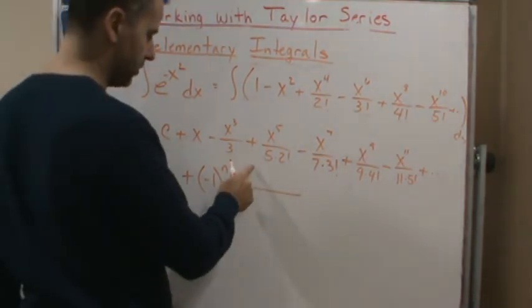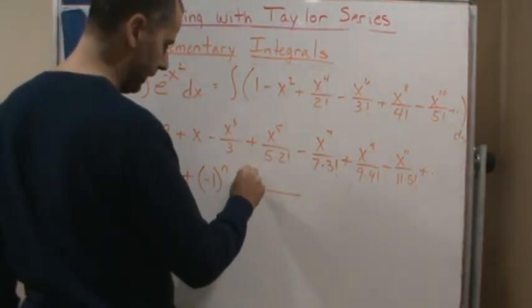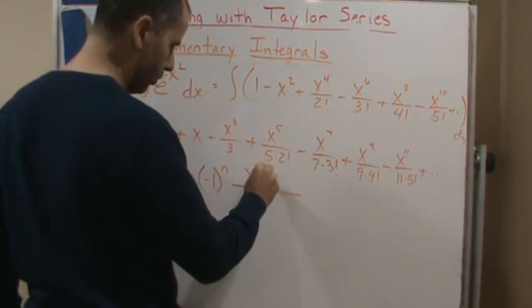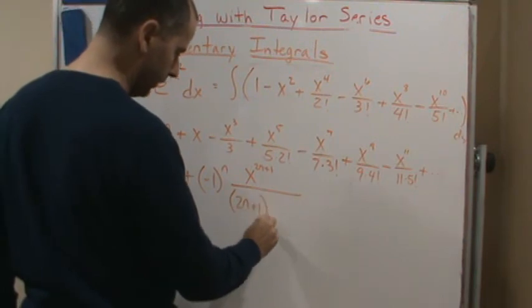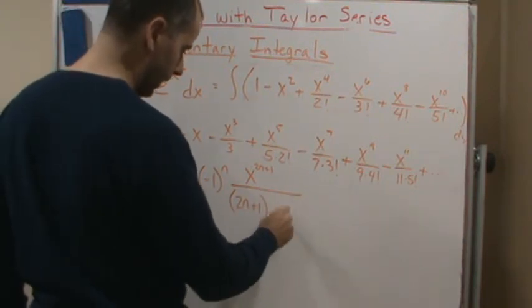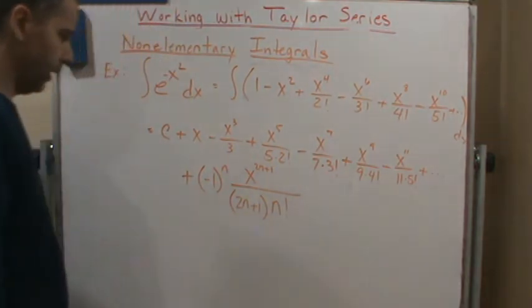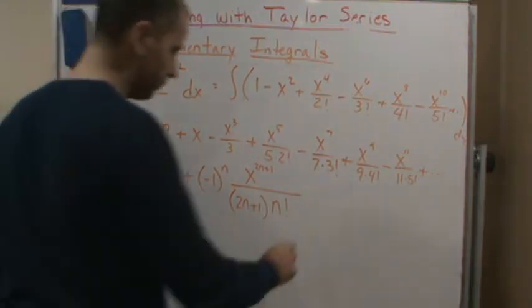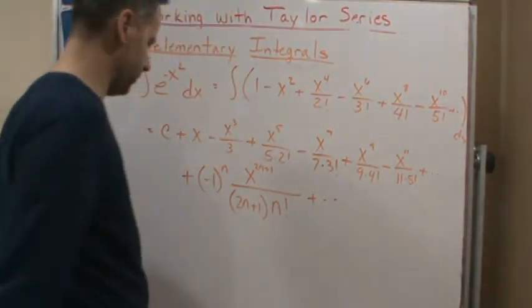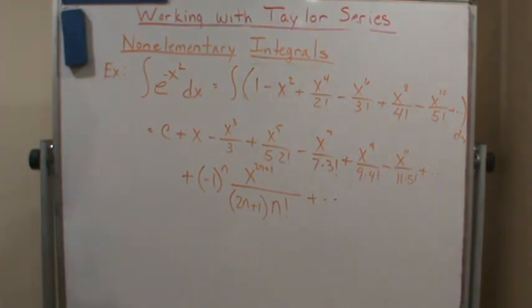Because it was x to the 2n, so now it's going to be x to the 2n plus 1. And then down here we're going to get 2n plus 1 times n factorial. And it continues on and on and on. So now, that's the result.